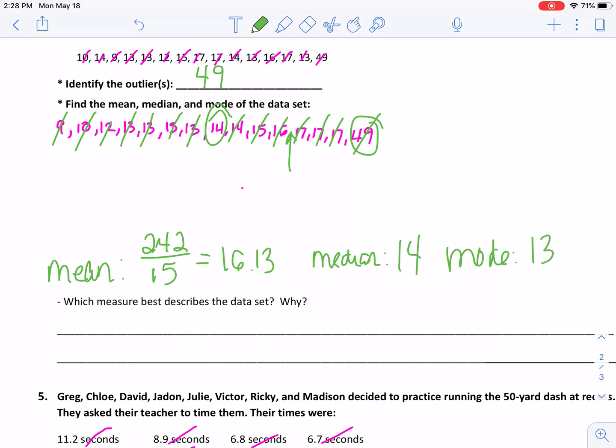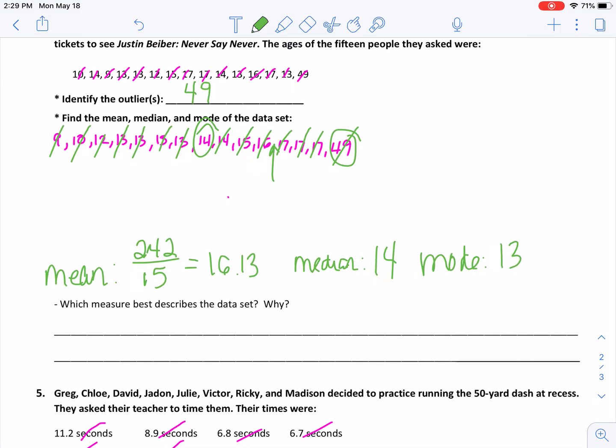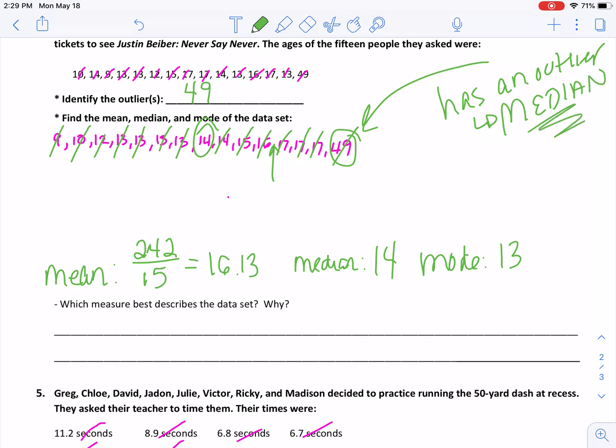Which measure best describes the data set and why? If you have a set of data and it has an outlier, the median will be the best representation. Why?